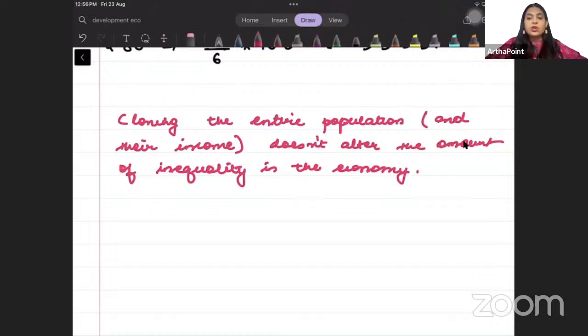The amount of inequality will remain the same.